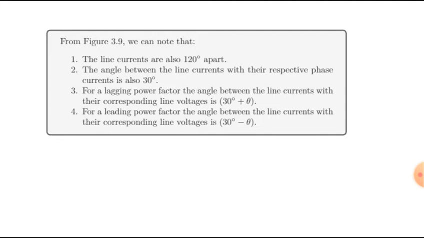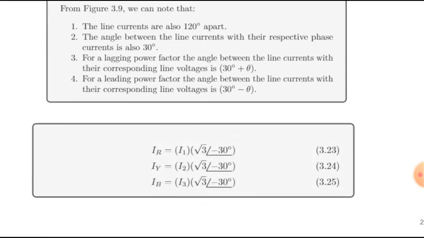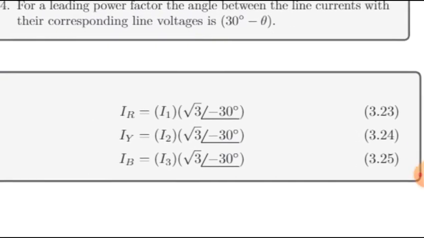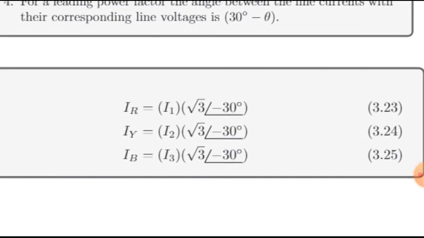For a lagging power factor, the angle between the line currents and the corresponding line voltages is 30 plus theta. For leading, it's 30 degrees minus theta. And what I said before is that if you want to solve for the line values, you multiply by the square root of 3 with the angle of negative 30 degrees. Why? Because the phase current is lagging the line current by 30 degrees.